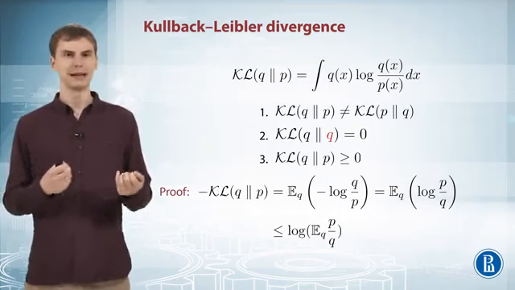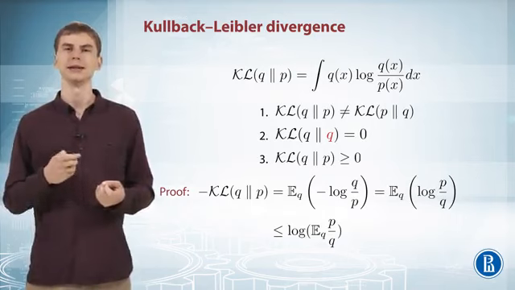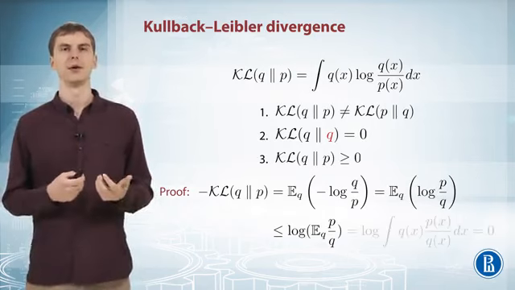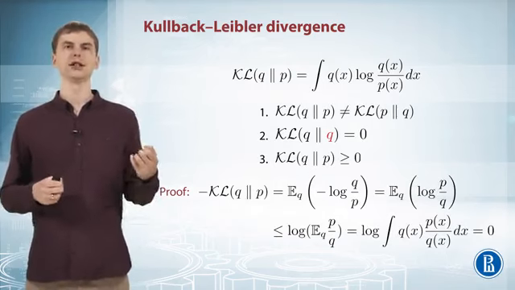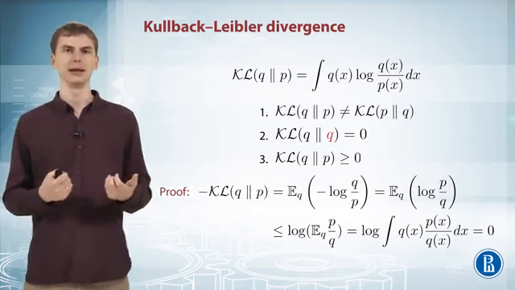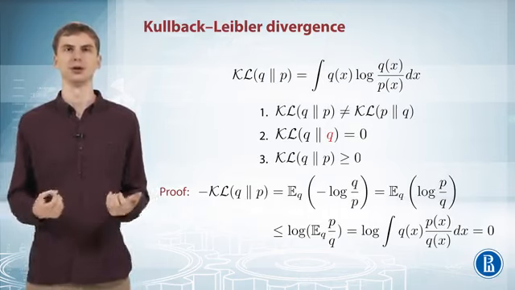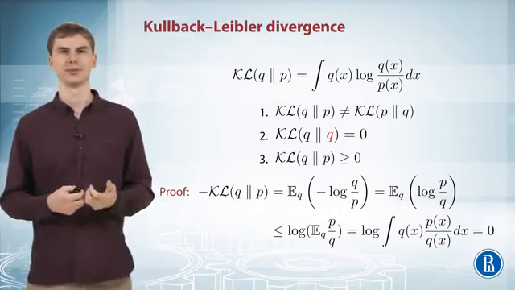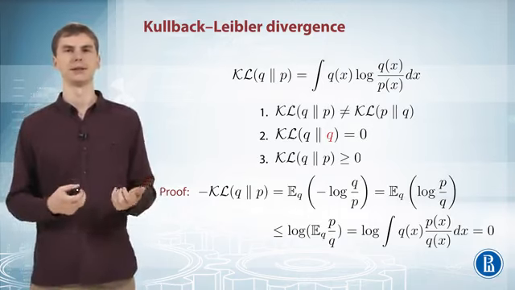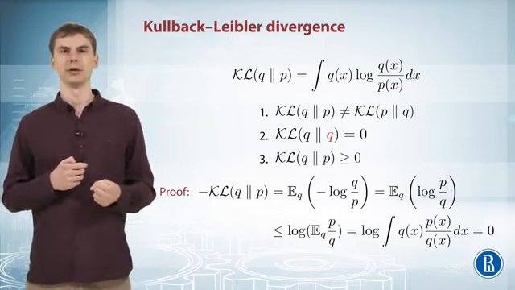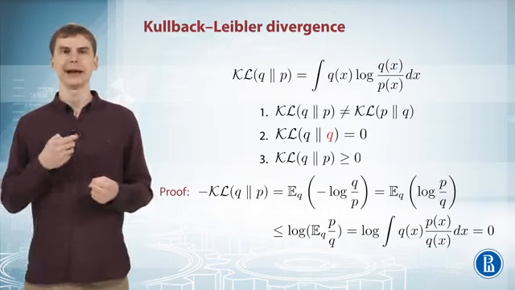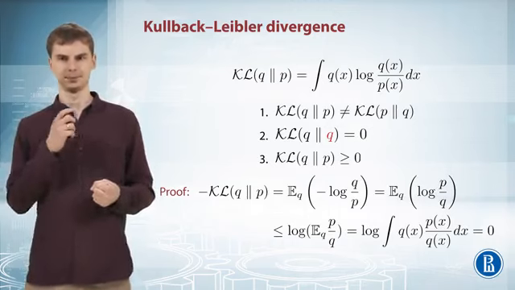And finally, the expected value of p divided by q is just equal to the integral of q times p divided by q, where the q vanishes and the integral of p is always 1 for any distribution p, because it's the property of the distribution. And finally, logarithm of this one is 0. So we have just proved that minus KL divergence is always non-positive, which means that KL divergence itself is non-negative.